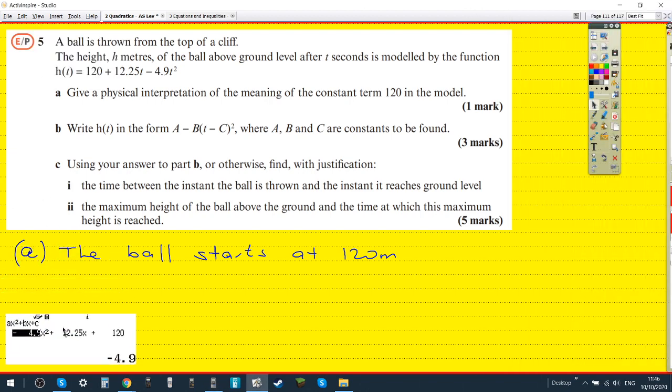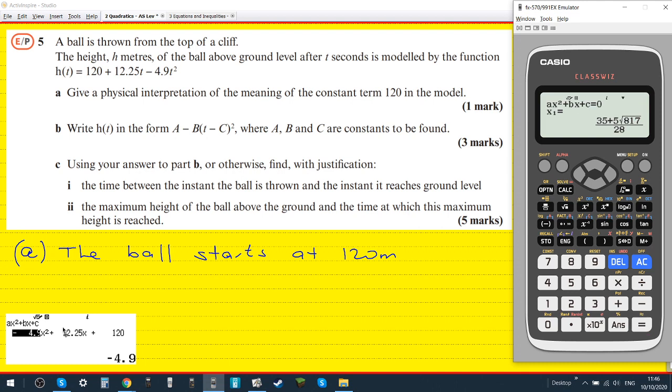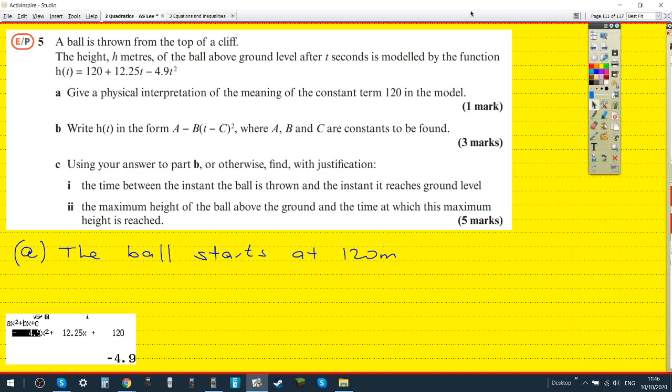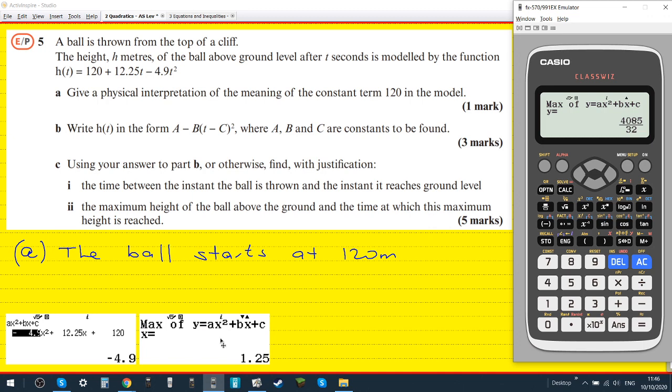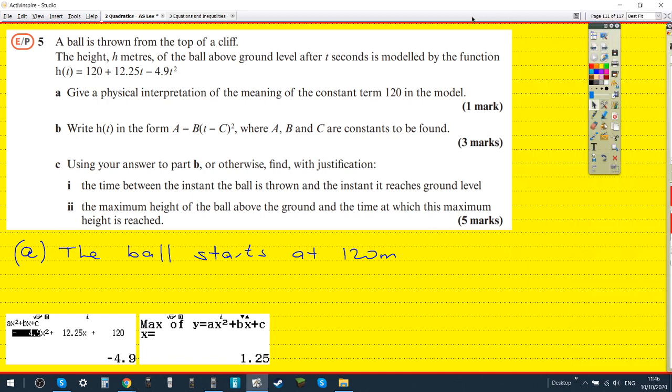And the maximum of x is 1.25. The maximum of y is 127.66 to 2 decimal places.